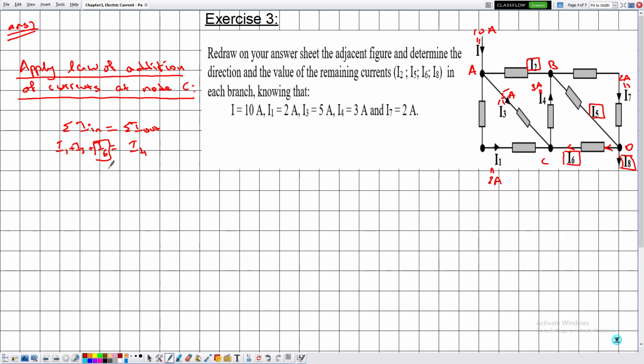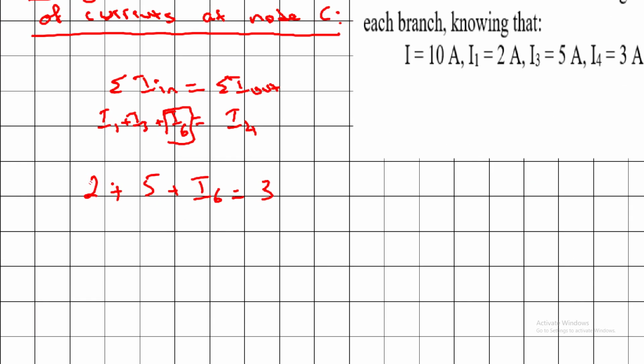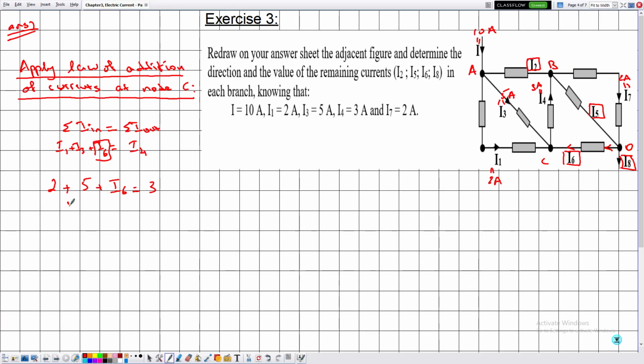What's the type of this equation? Linear equation and one unknown. The value of I1 is 2, the value of I3 is 5, I6 is kept as a variable, and I4 is 3. I6 is given by 3 minus 2 minus 5, so 3 minus 7, which is equal to minus 4 amperes.